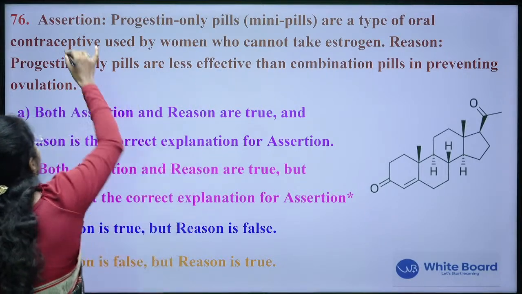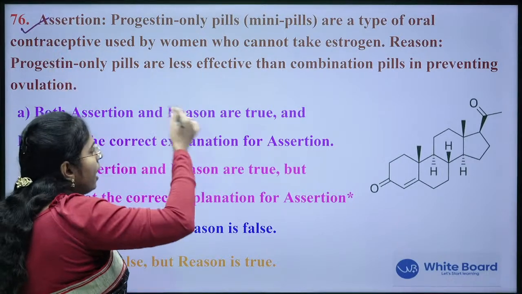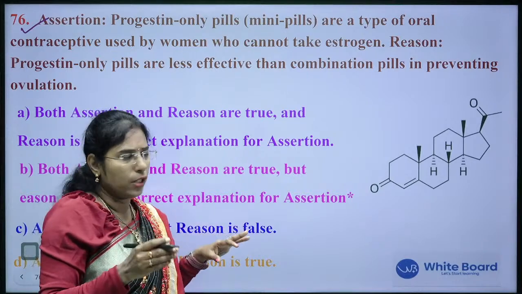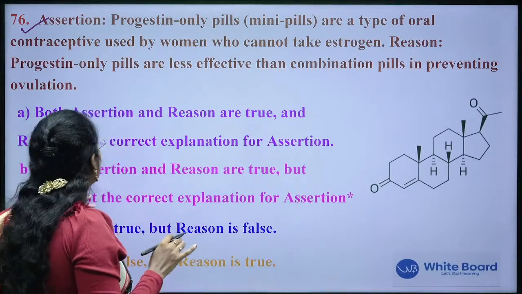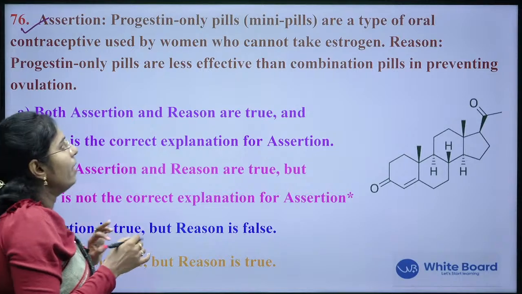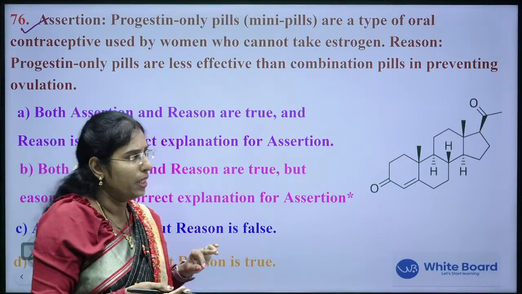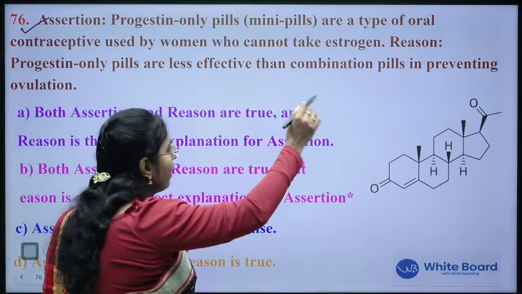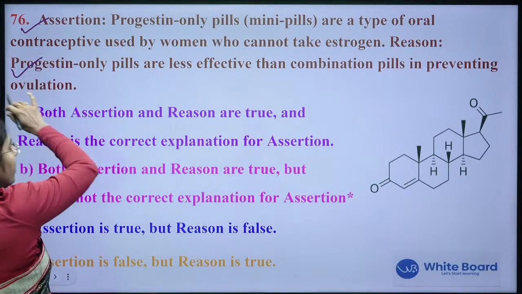Yes, that's true. Mini pills are most commonly used by women who cannot take estrogens. That's true. But what is the reason here? Progestin only pills are less effective than combination pills in preventing ovulation. So, this is also correct. The reason statement is also correct.